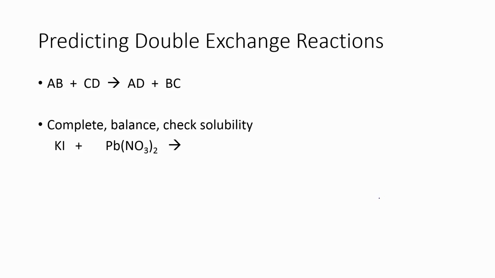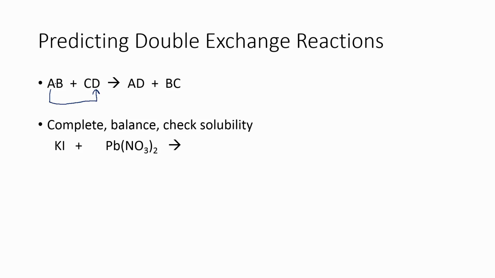The way you can predict this when you just see the reaction written and you're not actually in the lab experimenting is by seeing this as a double exchange or double replacement reaction. You might have heard of this before as a metathesis reaction. All we do here is exchange partners.